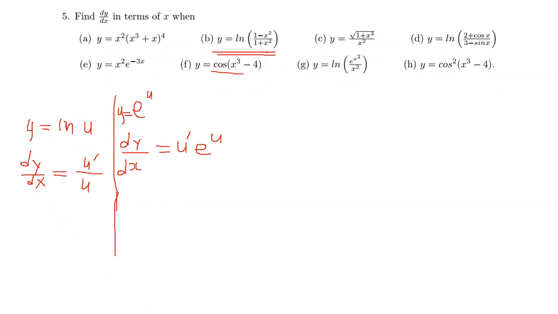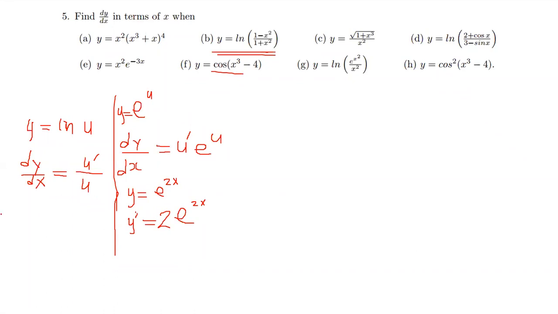For instance, let me give an example: y is equal to e to the power 2x. To find y prime, which is dy/dx, you differentiate the power there, you get 2, and then you repeat the same e to the power 2x.